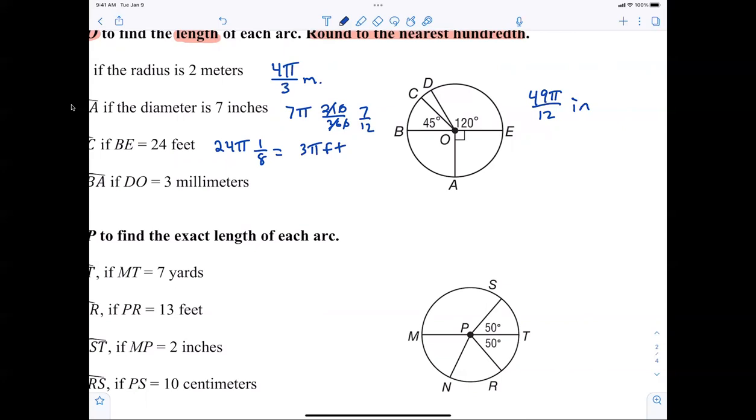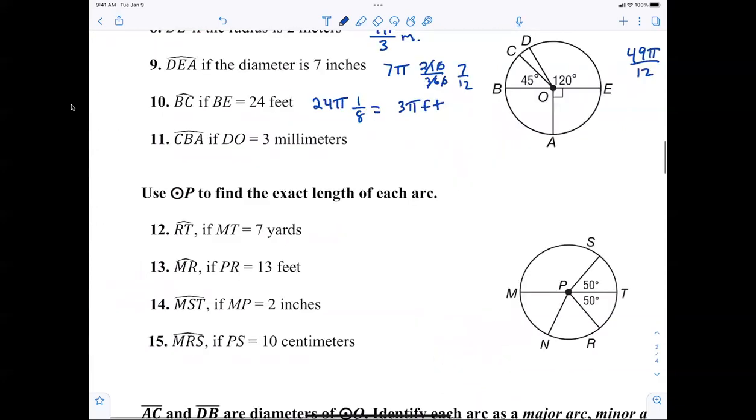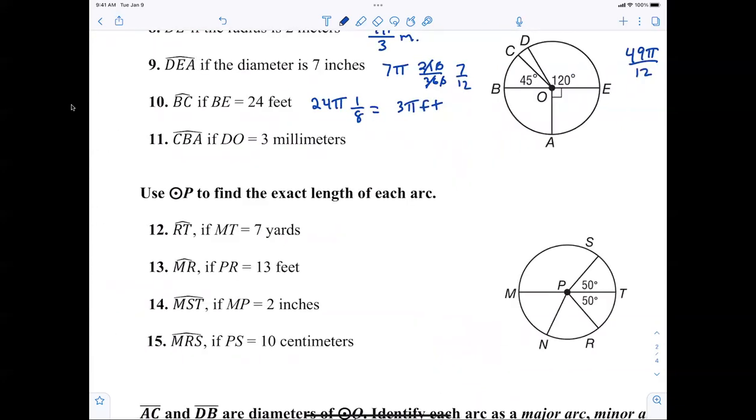Everybody's good? All right, so now let's check out DO. What is DO? Radius, so the circumference is 6 pi. And then let's measure CBA.